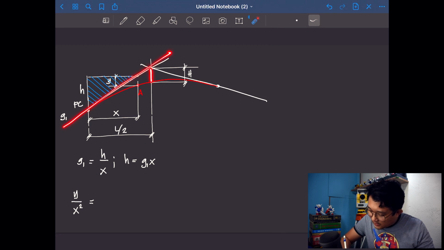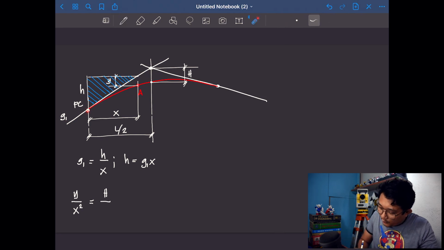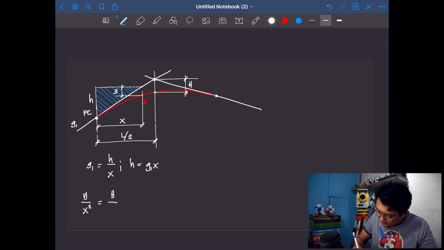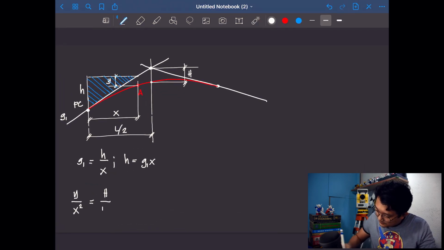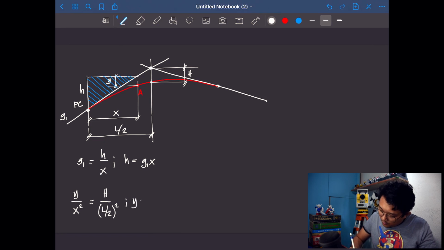From the tangent line to the parabola, this must be equal to h over, take note, x is the distance from PC to the point, and so this must be the distance from PC to PI. So you will have this is going to be L over 2 squared. Or I can just write that your y is equal to 4hx squared over L squared.